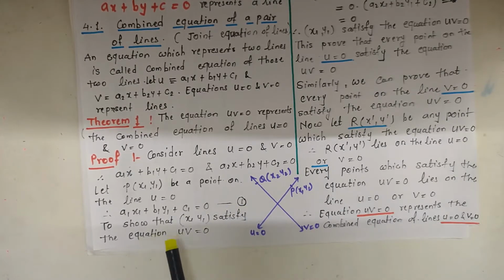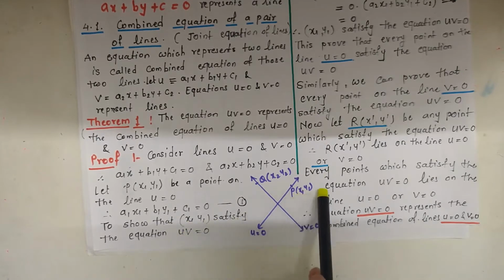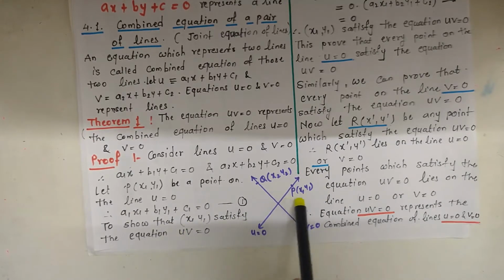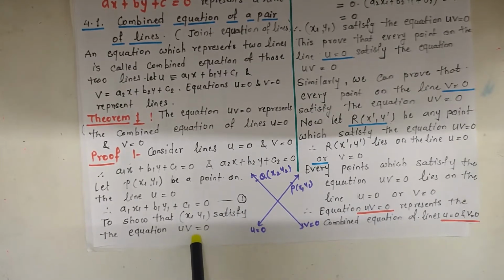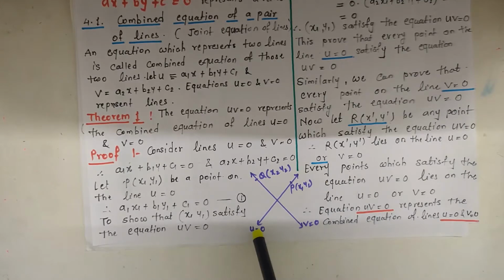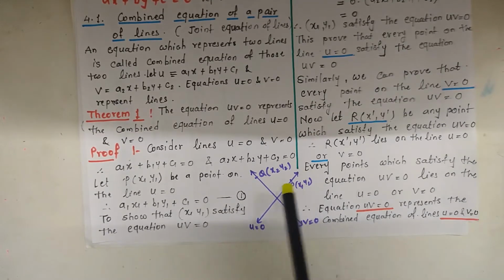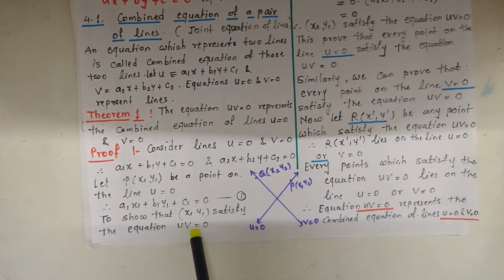Now we have to show that the coordinates of this point P(x1, y1), which lies on the first line, also satisfy the combined equation of two lines u into v = 0.